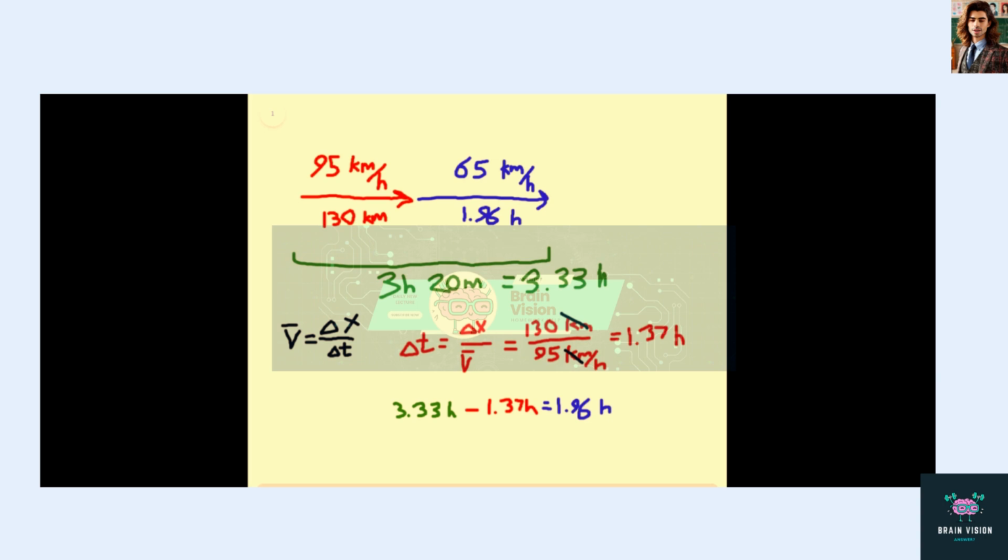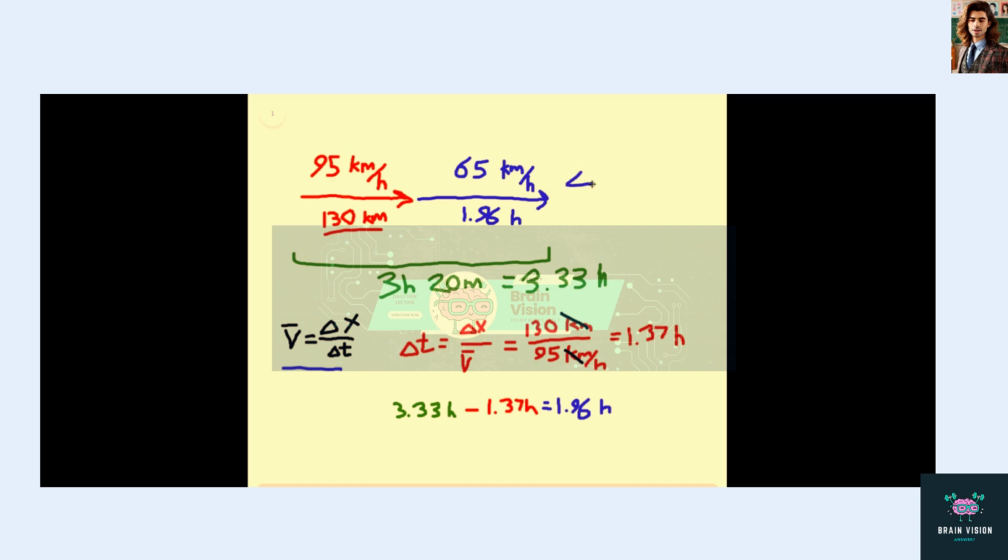But what we're looking for ultimately is the distance. So we already know the distance for the first leg. That's our 130 kilometers. So now we just got to find the distance traveled in the second leg, and we'll add that to the 130 kilometers, and that's our total distance. So here, look back at our equation relating average velocity and displacement and time. Now it's the displacement that we're trying to solve for.